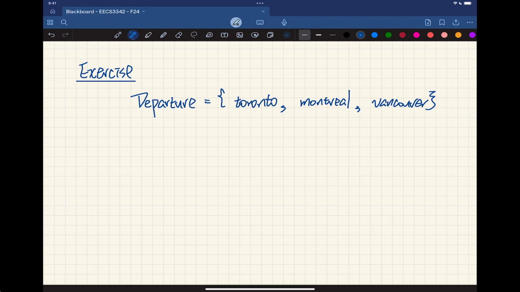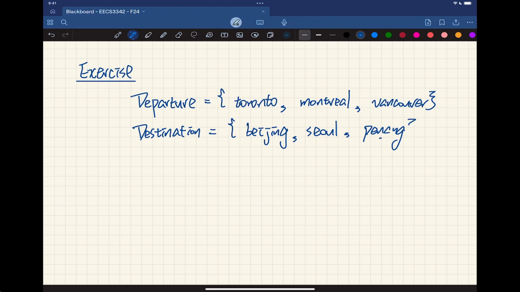And then we've got destination. For now, how about Beijing, and then Seoul in South Korea. Doesn't matter. You can change the names as you wish. Do you know where this city is? Penang, Malaysia. Okay, doesn't matter. You can change that. No worries.